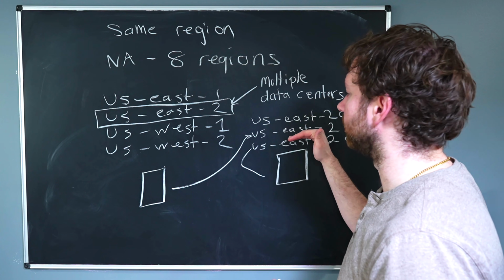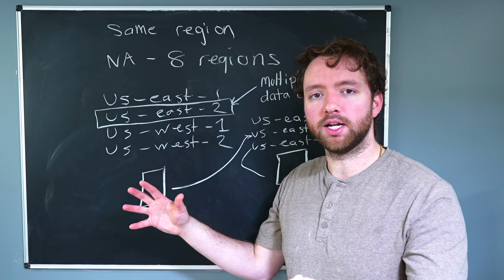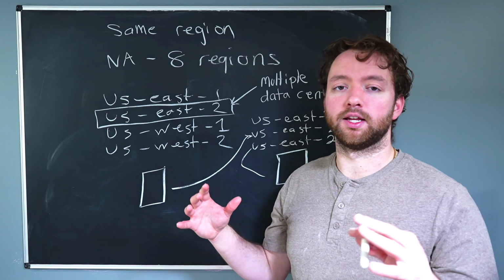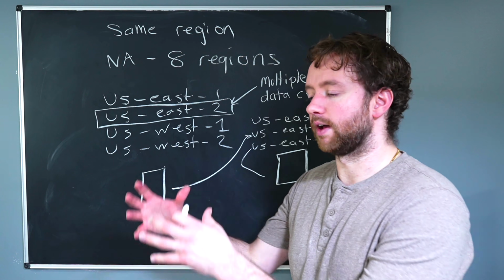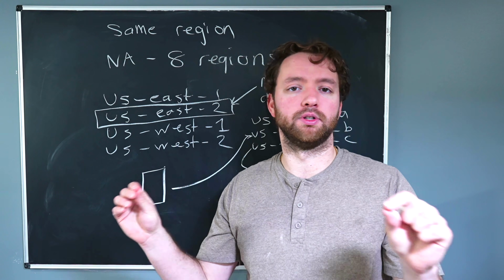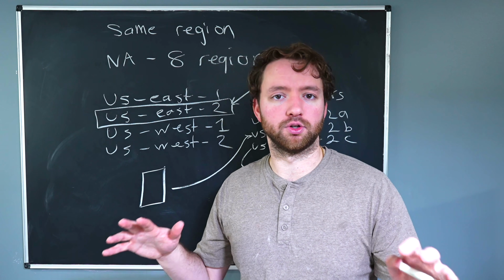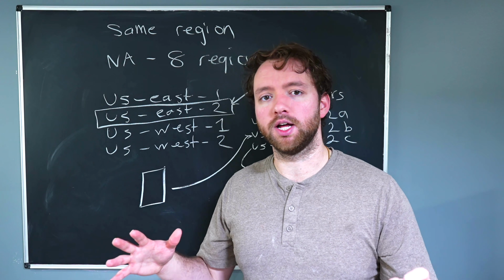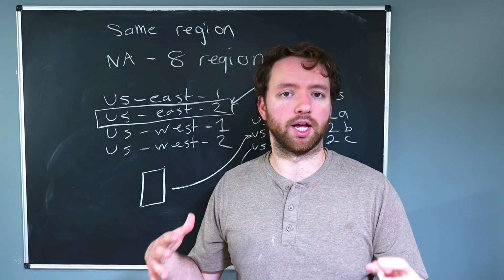The different availability zones within the same region are physically separated, but set up in such a way that they can communicate between each other very efficiently. So you can imagine we have a group of data centers over here, a group of data centers over here, and then a connection between them for data transfer. There's a good chance they're both not going to be impacted directly from a power outage, but they're still within a fairly close distance and they're set up to communicate quickly.